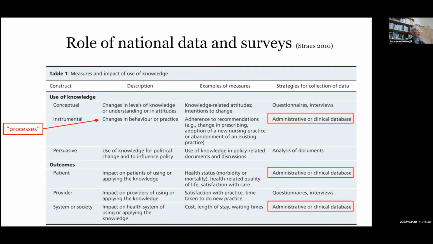And then they highlighted that there is, especially in terms of the use of knowledge, a role to think about that these kind of data can really look at changes in behavior, changes in practice, or you could take one step back, look at practice or behavior in the first place, let alone the changes. And also that this whole large scale use of national data can help us to understand outcomes.